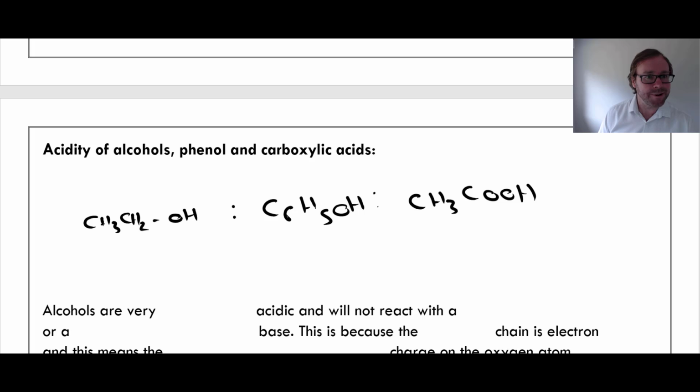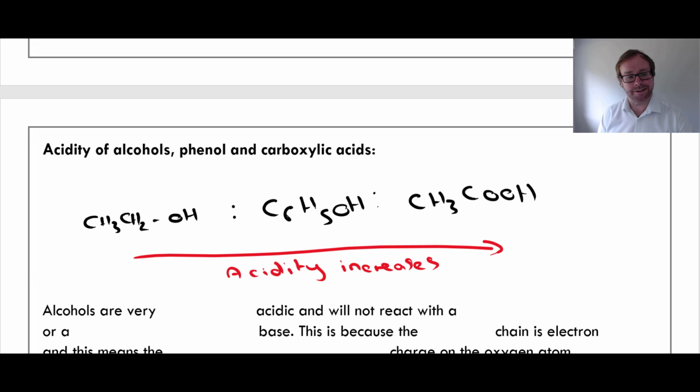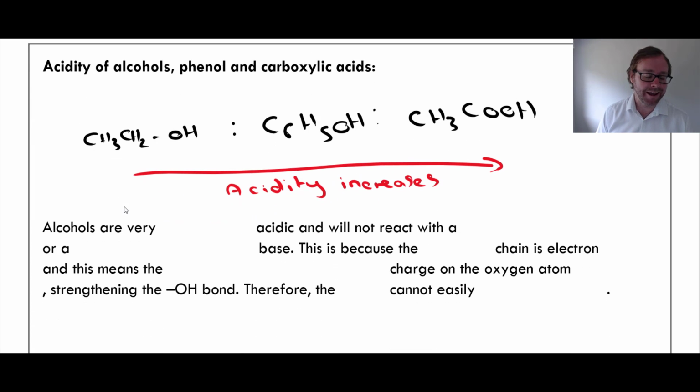Anyway, the point is that as we go this way, the acidity increases. So alcohols aren't very acidic, phenols are weakly acidic, and then ethanoic acid or the carboxylic acids are more acidic, but they're still considered weak acids. Hope you know what I meant.